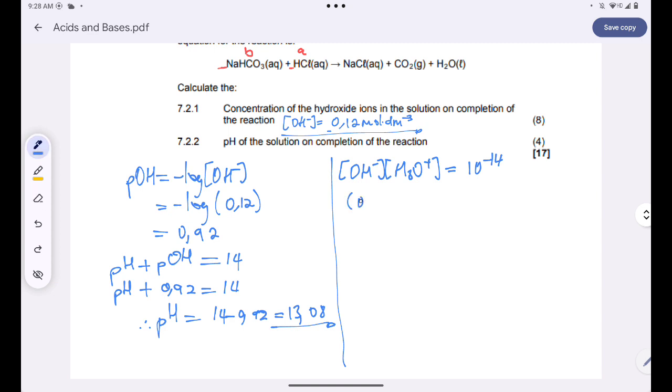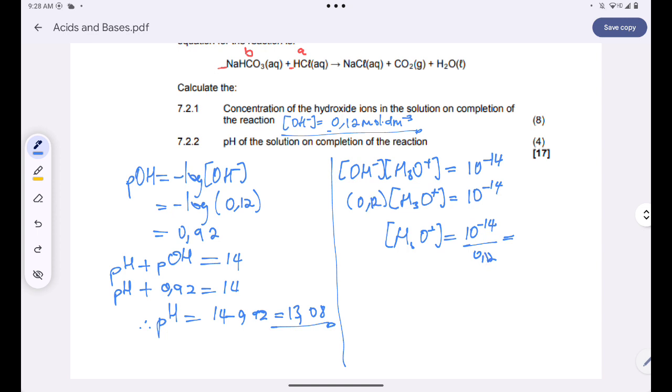I do know that the OH minus concentration is 0.12, so I can easily find the concentration of the hydronium ion. It is 10 to the power negative 14 divided by 0.12.